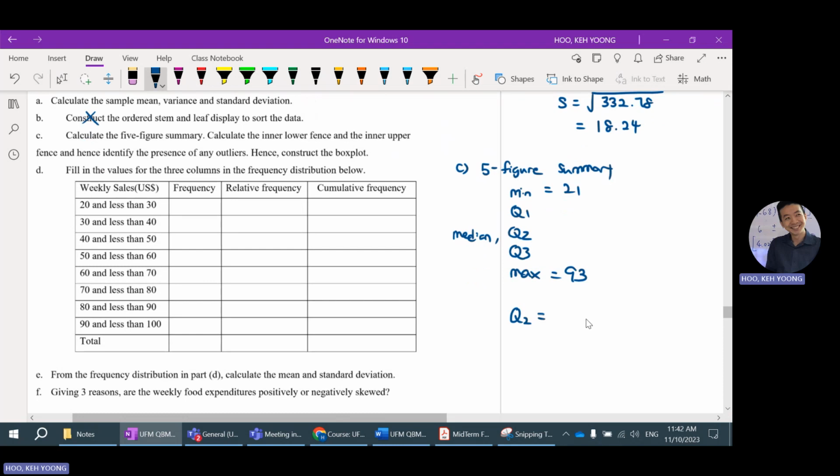Let me know if it's different. What I've taught my students is to use the formula n plus 1 divided by 2. So I have 40 plus 1 divided by 2.